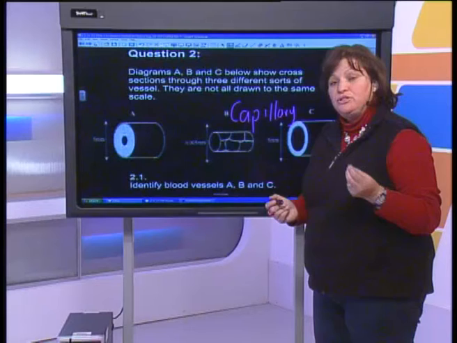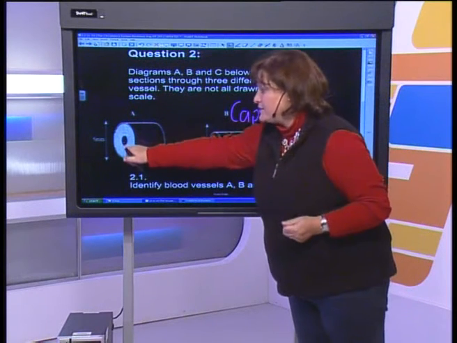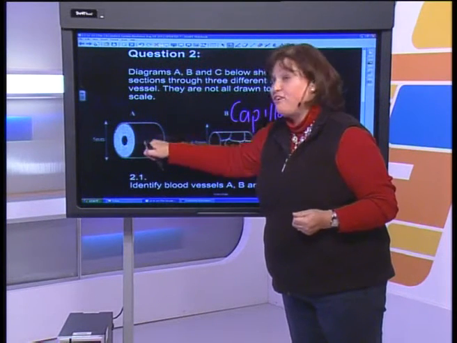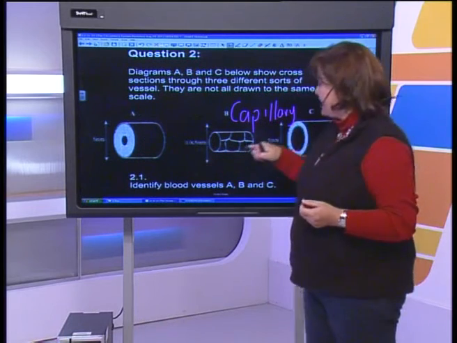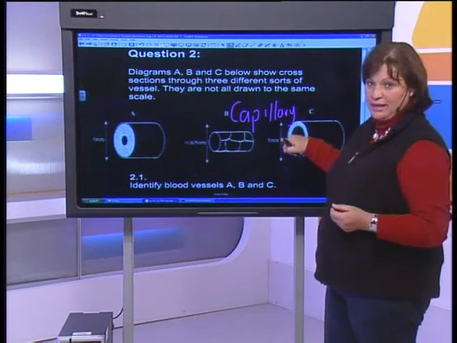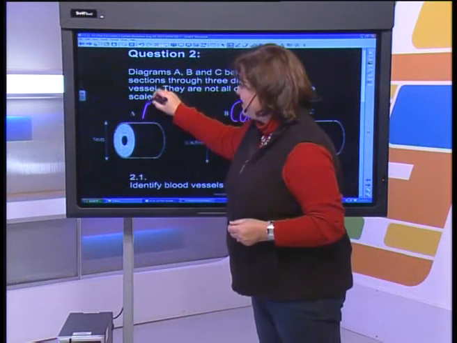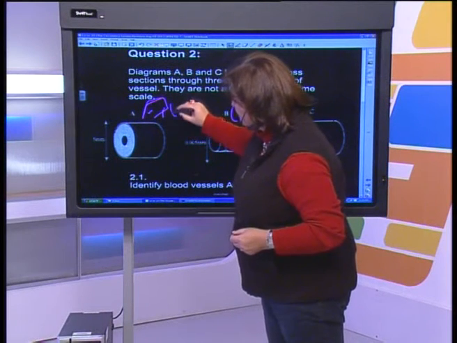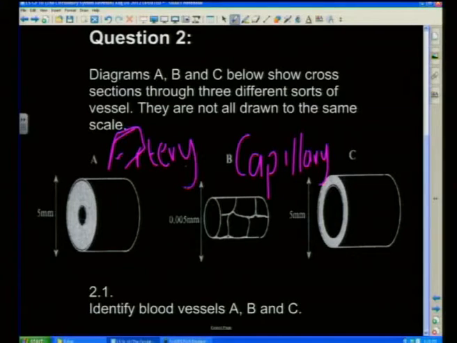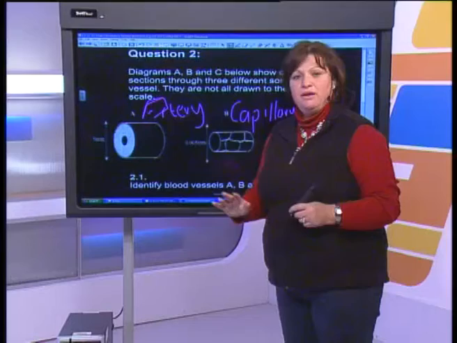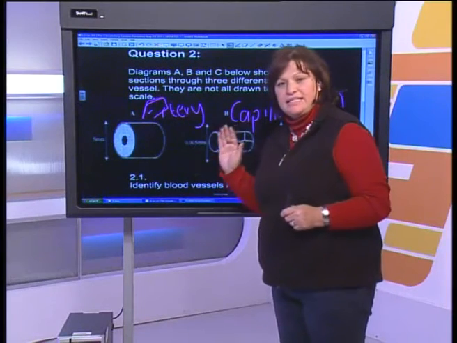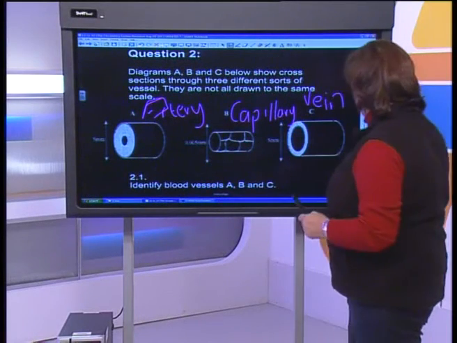The only thing that you should notice is this has a much smaller lumen and far more muscle and elastic, and the lumen here is much bigger. Which would then make number A an artery. Sorry, that went a bit haywire. And that would leave us with number C being our vein. So there we go. Plain simple, being able to identify artery, capillary, and vein.